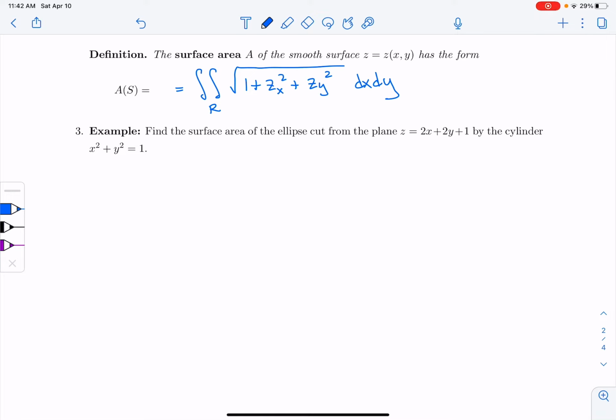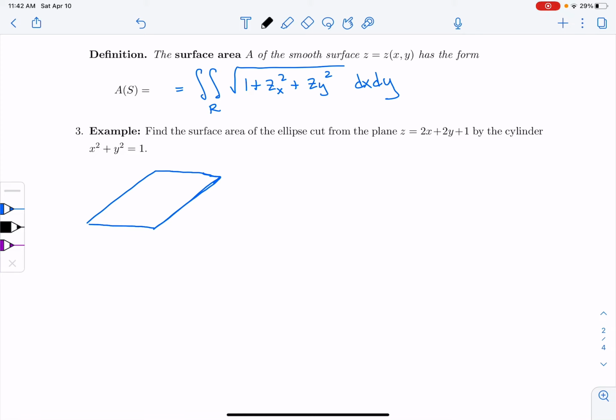What's happening here is we have a plane, and then we're going to cut that plane with a cylinder.